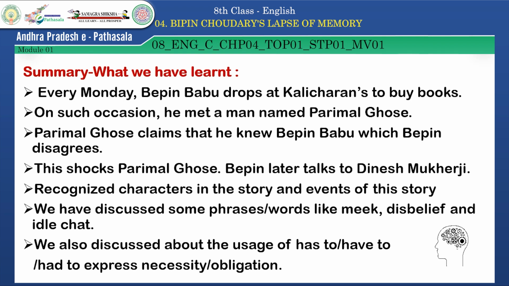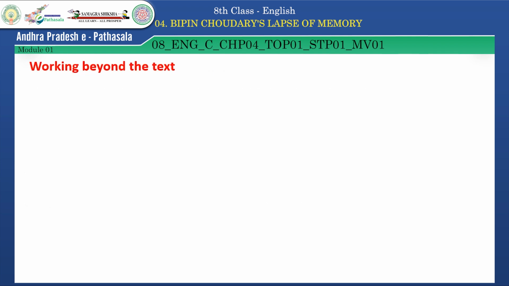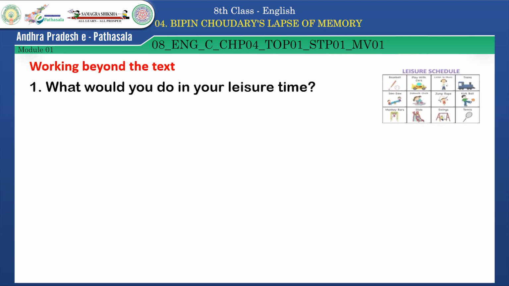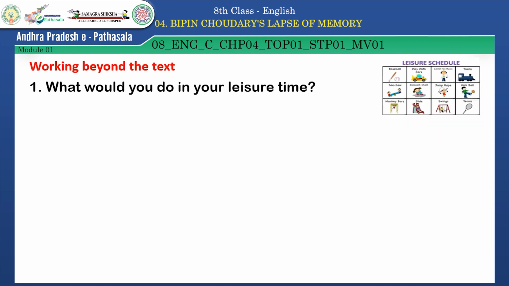Okay, now we will move to working beyond the text. Here, you have to write a small passage. What would you do in your leisure time? You can use this leisure schedule or you can write of your choice.